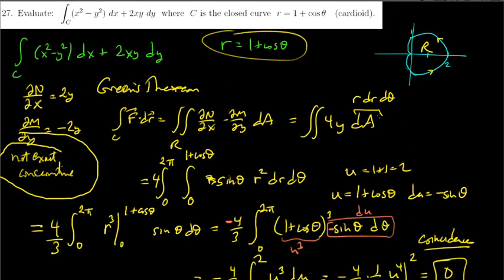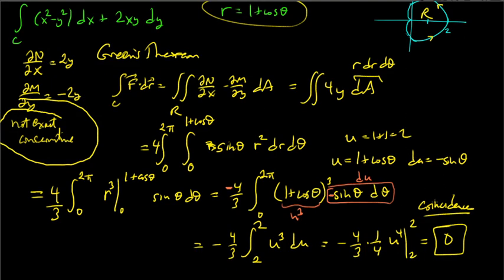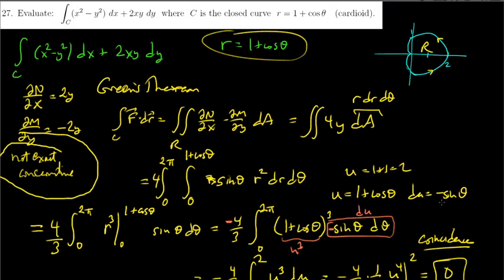So just because it's not conservative doesn't mean you're not going to get 0. It just means you're not likely to get 0. So this is one situation where we happen to get 0 anyways, but not because of the fundamental theorem of line integrals. It's because of Green's theorem that we end up with 0.